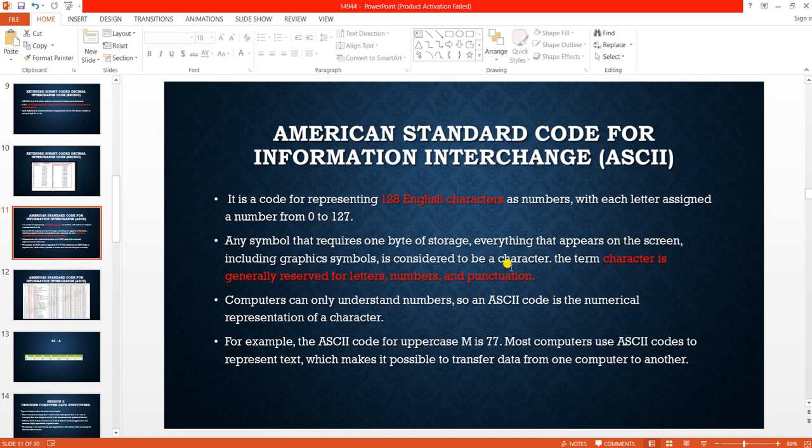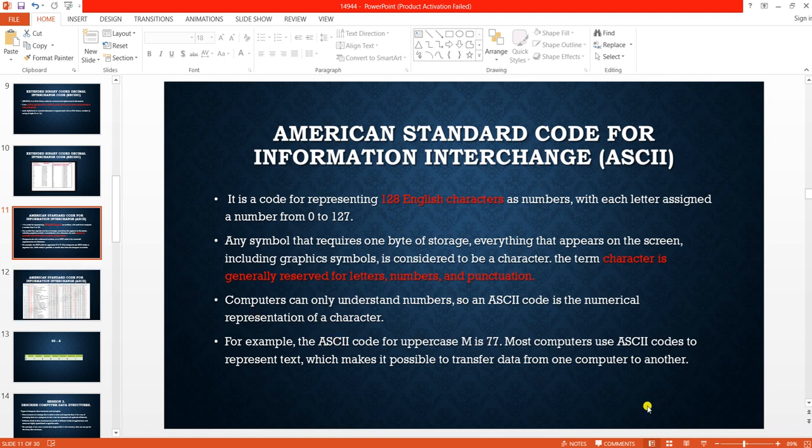Character is generally reserved for letters, numbers, and punctuation. Computers can only understand numbers, so an ASCII code is the numerical representation of a character. For example, the ASCII code for uppercase M is 77.